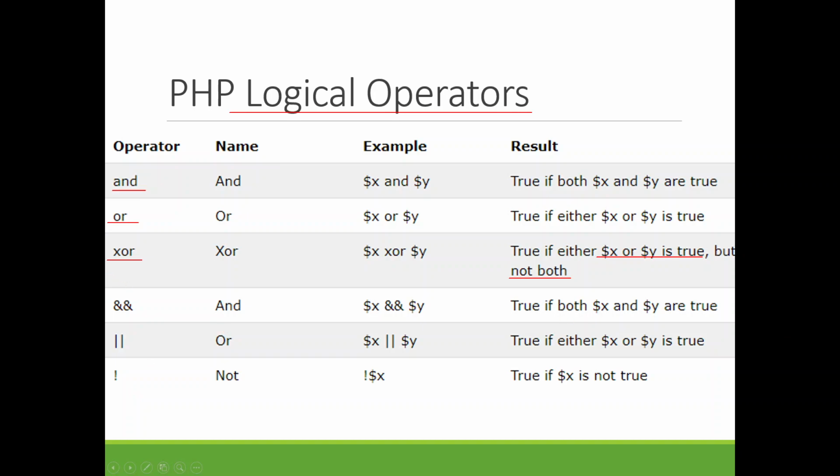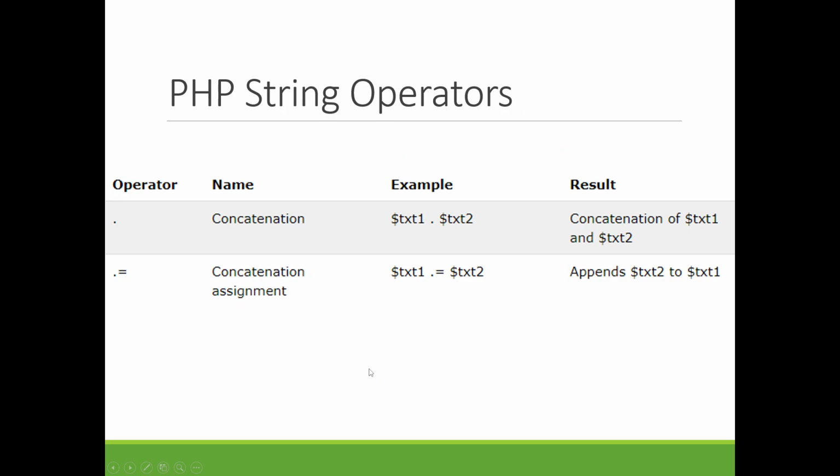We also have another and here, another or symbol here, and not. This is the not, the negation operator. Anytime you precede any operator with this, if it had returned true, it negates it to false and vice versa.